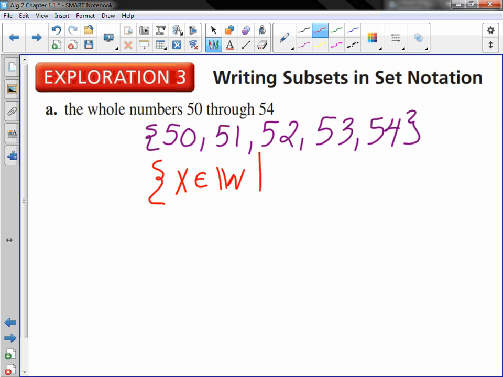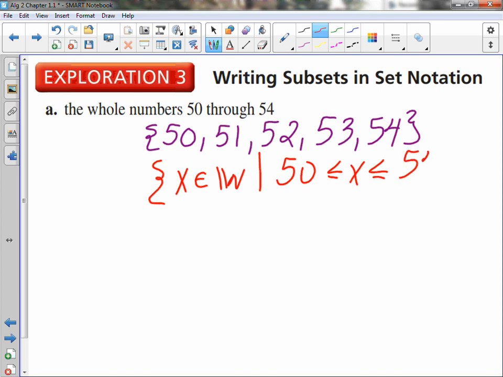Such that what? What are we talking about the numbers? They are 50 through 54. So 50 is less than or equal to x is less than or equal to 54. So yeah, this here, it's easier to write the top way, yes? Because there's only 5 of them.